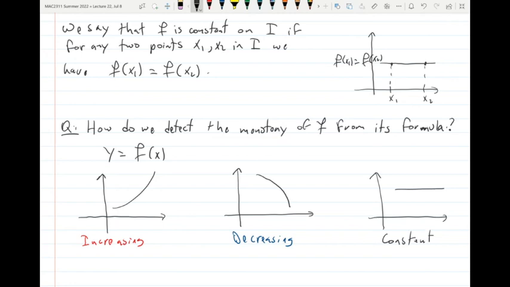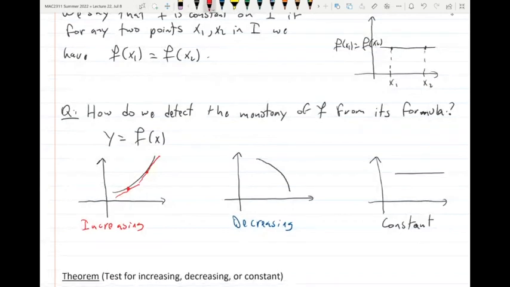And then what we can say in each of these situations, of course we have the definition above. For example, we can look at the slopes. Notice that when the function is increasing on an interval, if you pay attention to the slope at any point on that interval, the tangent line always has positive slope. So that means the slope is positive, which means that the derivative is positive.